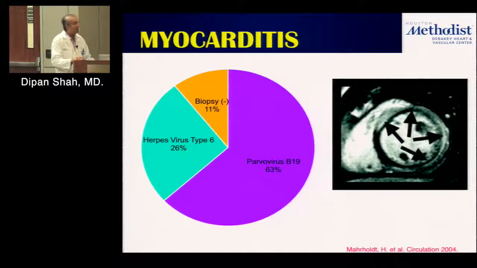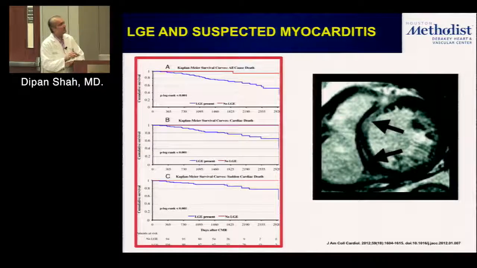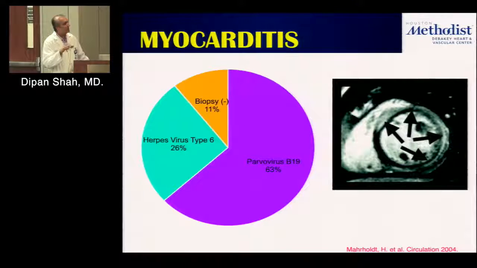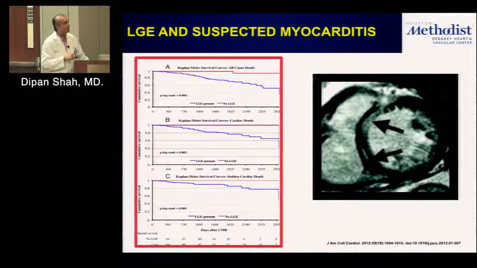And again, what you see in these patients is a pattern of enhancement that doesn't fit with the coronary artery distribution. So you can see in this example epicardial enhancement, and the two most common locations were epicardial or mid-myocardial. And there seemed to be some predilection for the parvovirus giving more of the epicardial enhancement and the herpes virus giving more of the mid-myocardial enhancement. And that's been demonstrated in other studies as well.